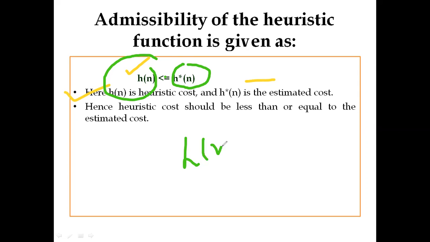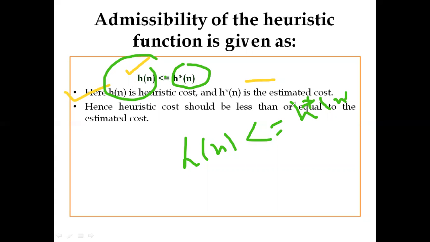I told you in the last class also that h(n) should be less than or equal to h*(n), meaning the heuristic cost should be less than or equal to the estimated cost. It cannot be greater than the estimated cost. That's why we are using the heuristic function.